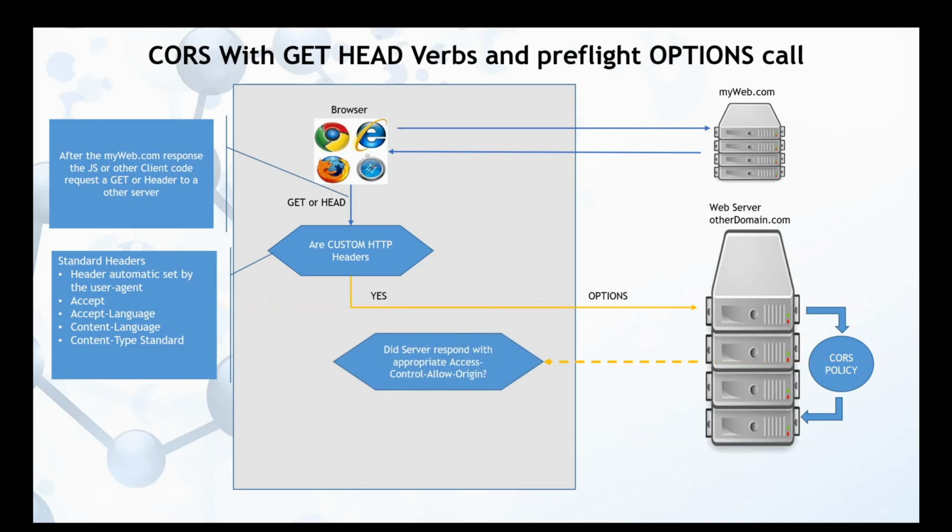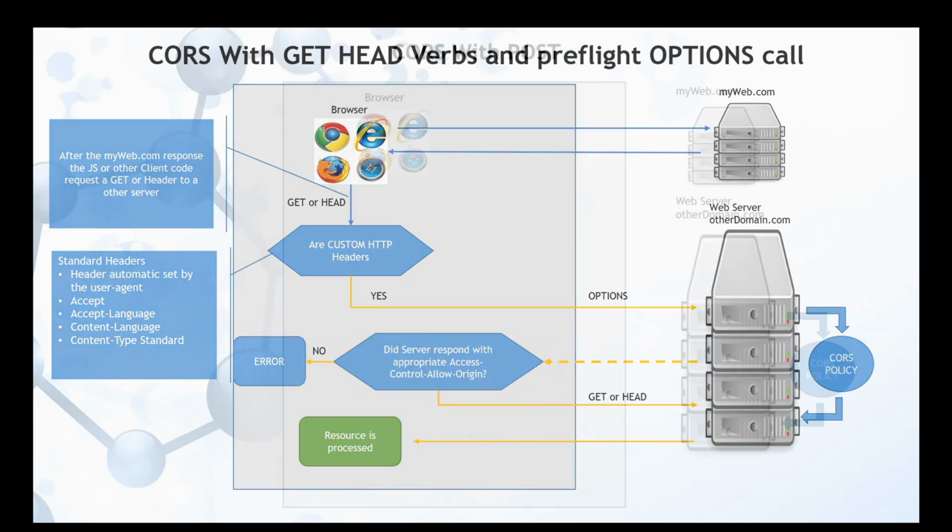The server gets the information and uses again its CORS policy. If the policy approves the request, a response with the right Access-Control-Allow-Origin header is returned, authorizing the real request. Then the browser sends the real request to the server and the server returns the information. If not, an error is produced in the browser.